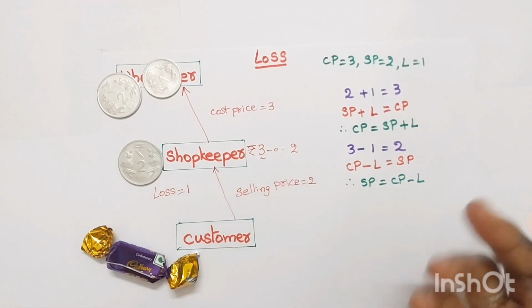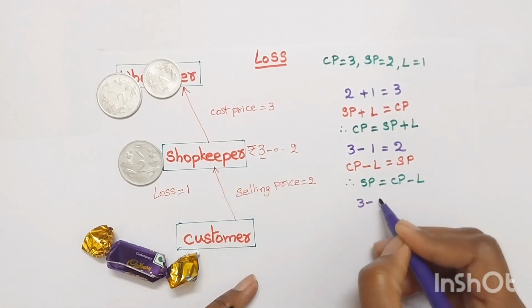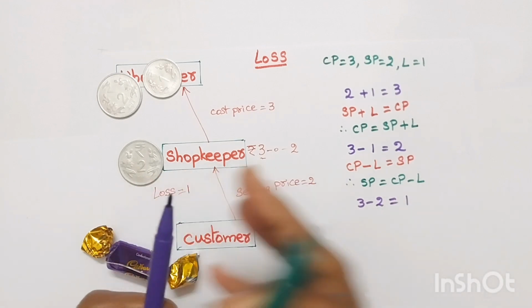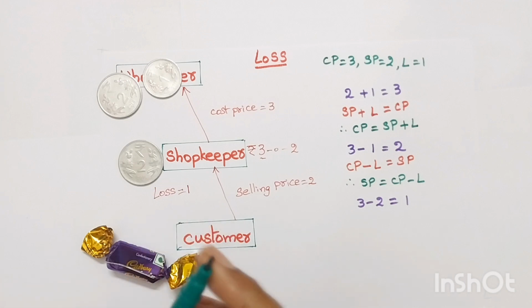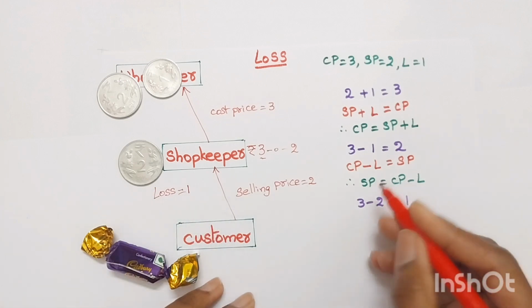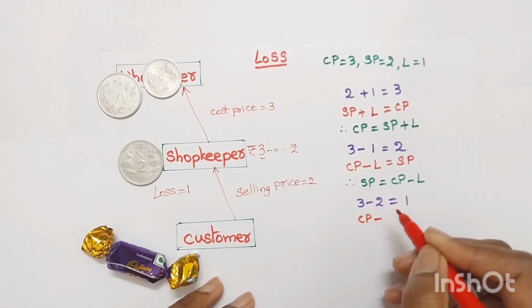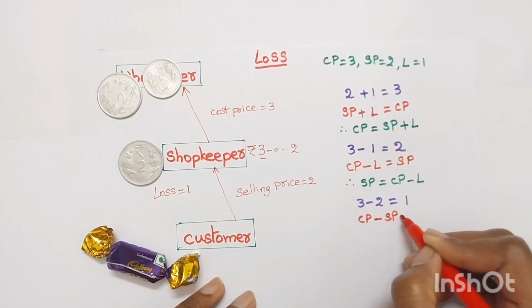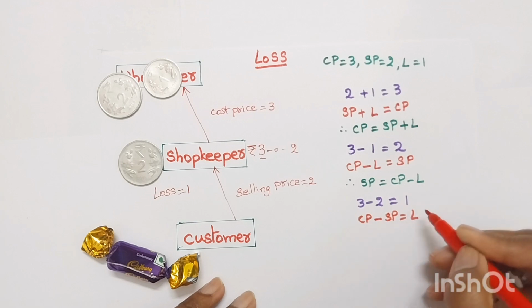Again, we do one more calculation. 3 minus 2, how much? 1. Here 3 is the cost price. Cost price minus 2, the selling price, equals 1, the loss.